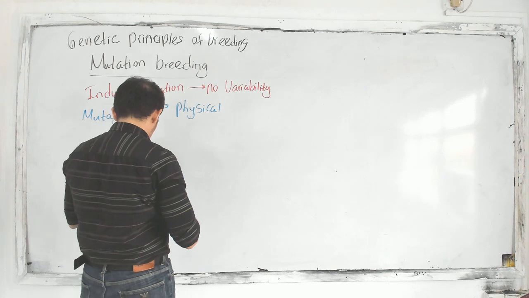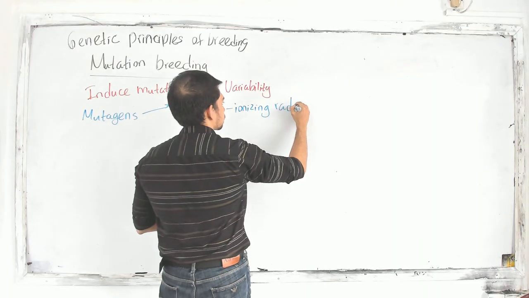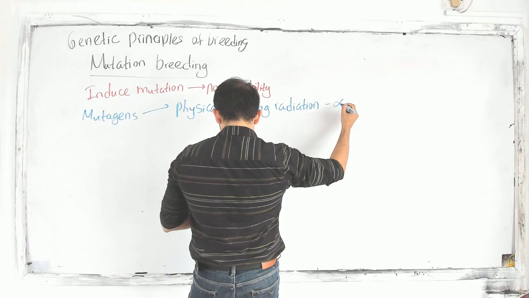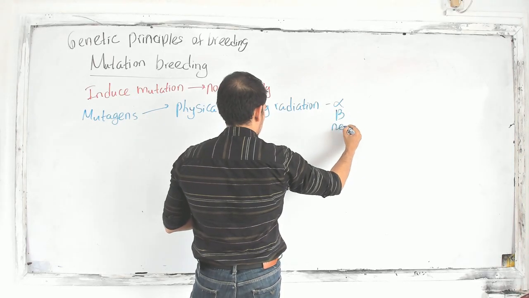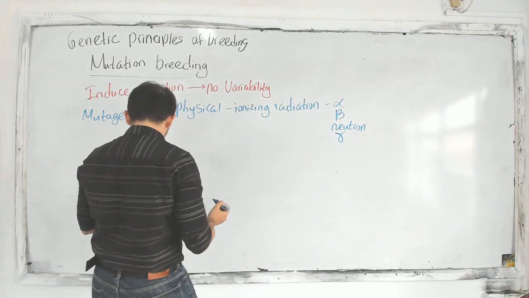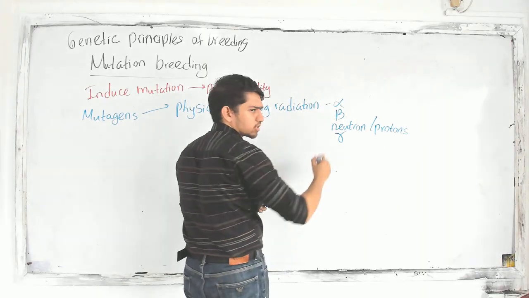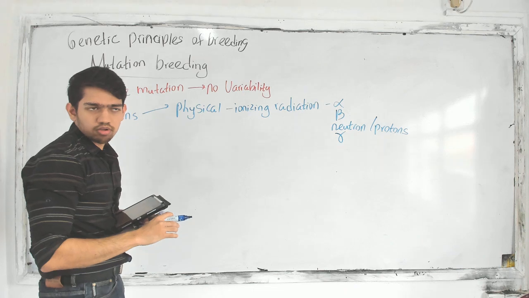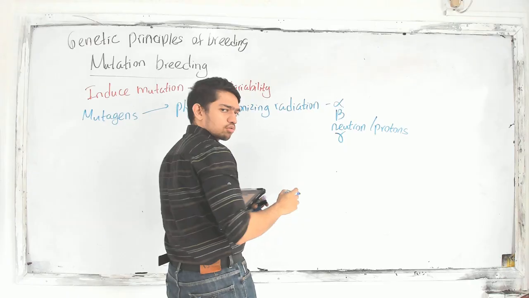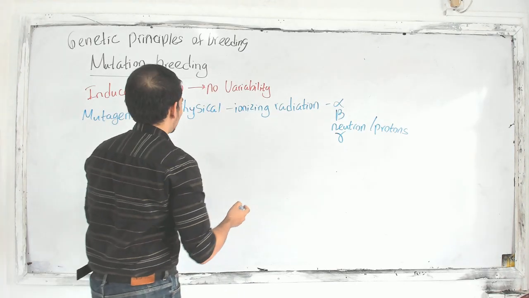Physical mutagens: ionizing radiation, alpha, beta particles, neutrons, gamma rays, protons. I think alpha is a proton. No, no, alpha is a helium 2+ ion, right? Beta is electrons.